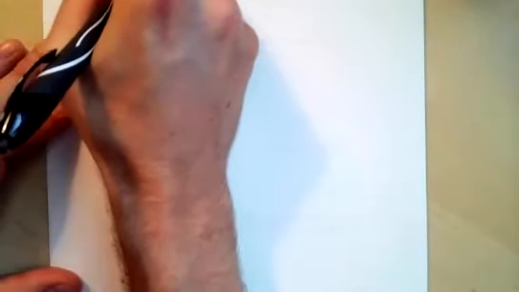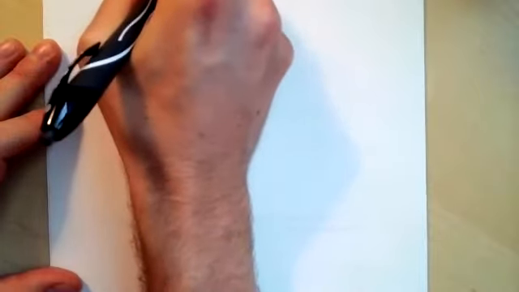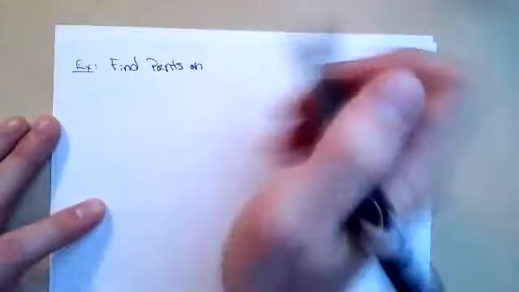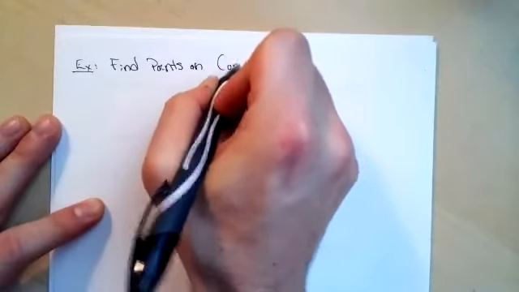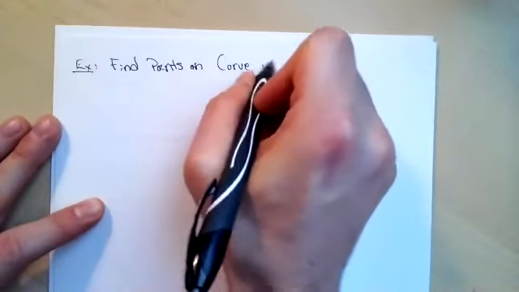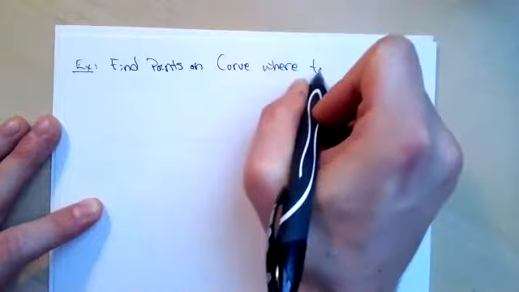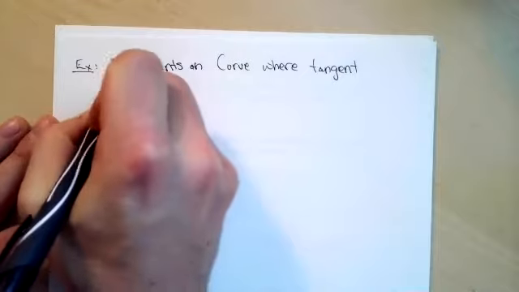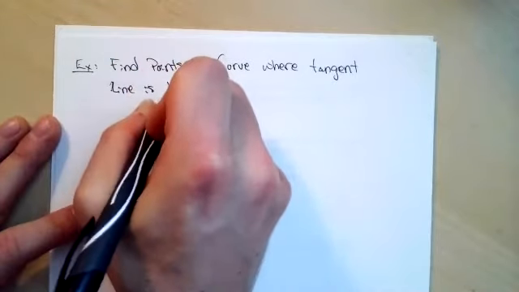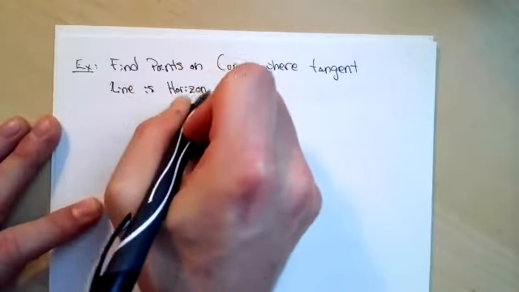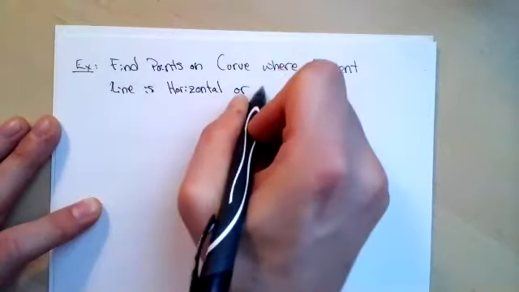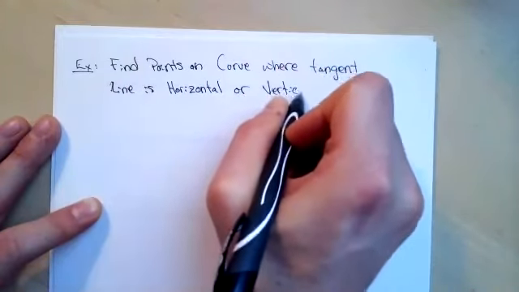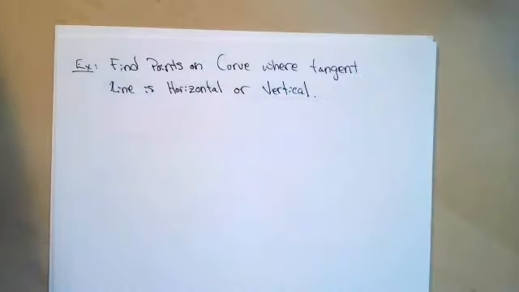So, example: find points on the curve where the tangent line is horizontal or vertical.